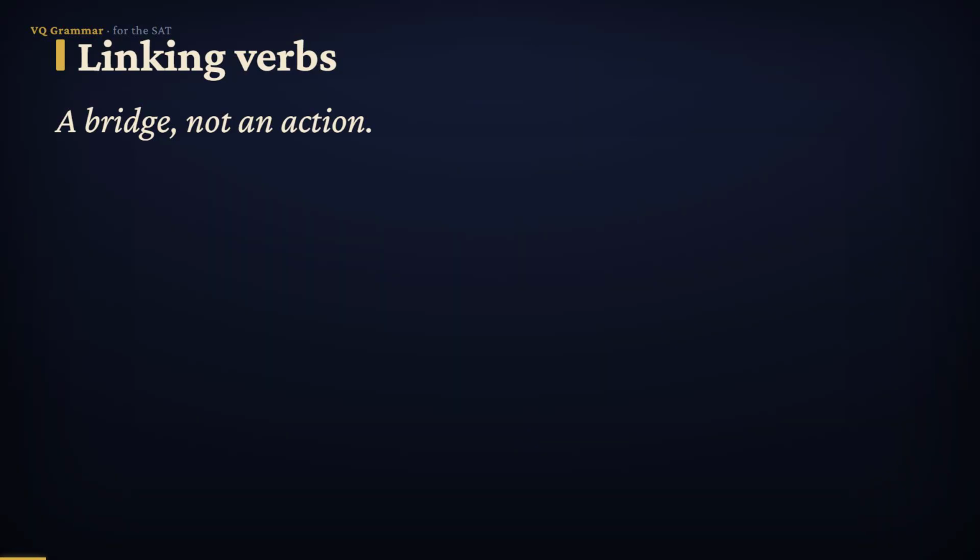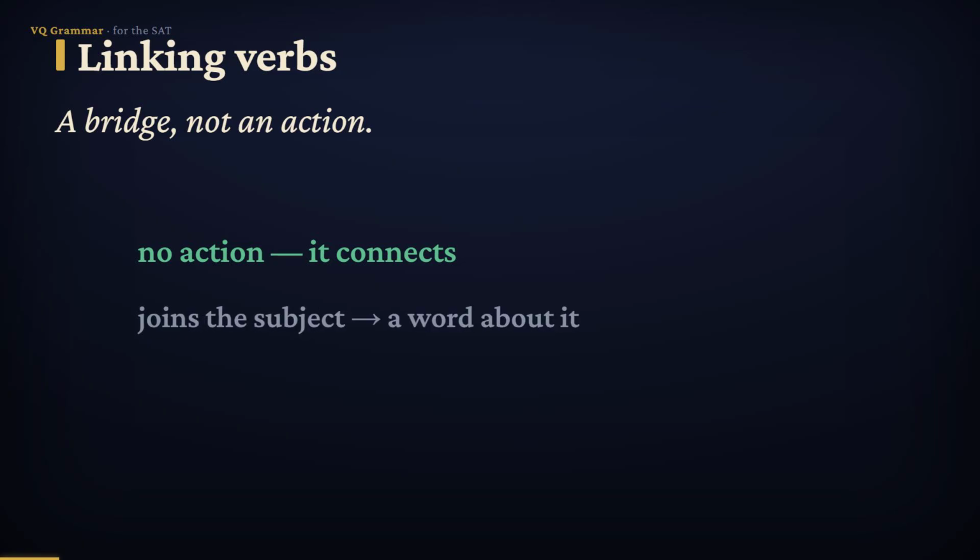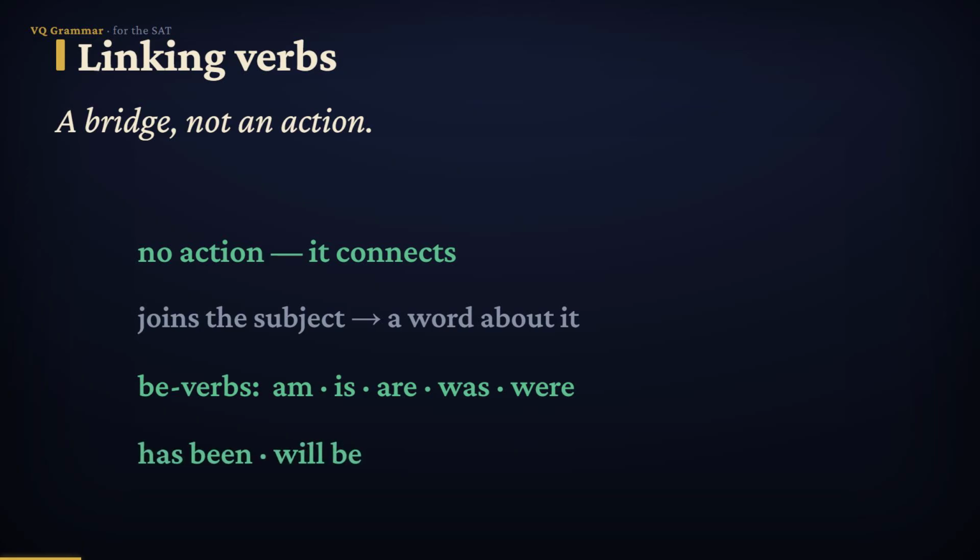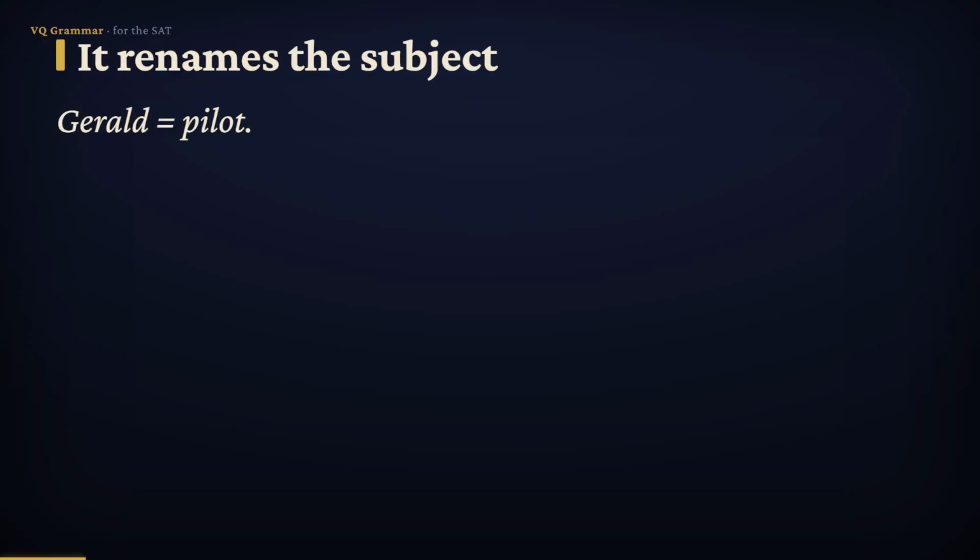Instead of showing action, a linking verb simply joins the subject to a word that renames it or describes it. The most common linking verbs are the forms of be: am, is, are, was, were, has been, and will be. Watch how they work. Gerald is a pilot.